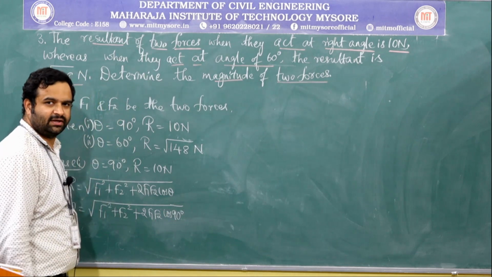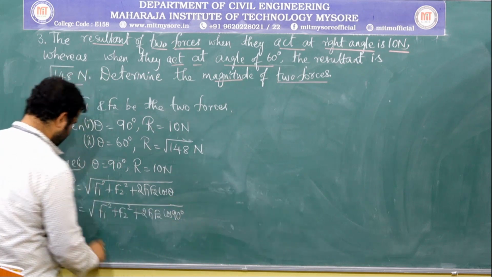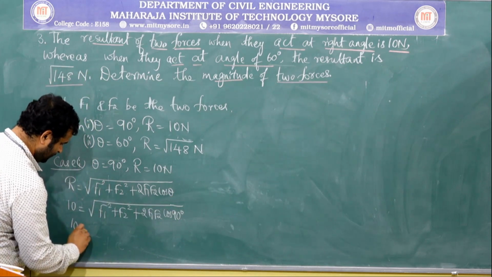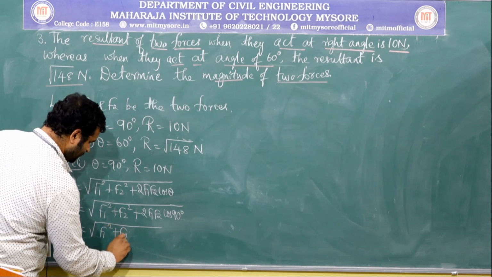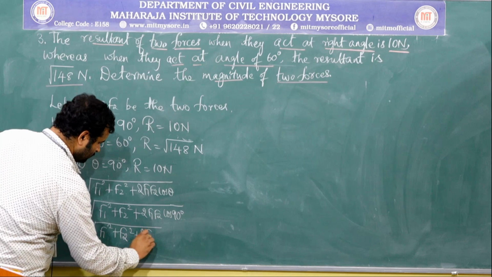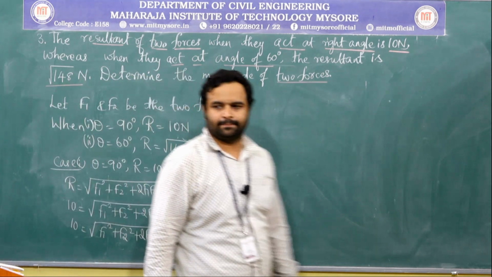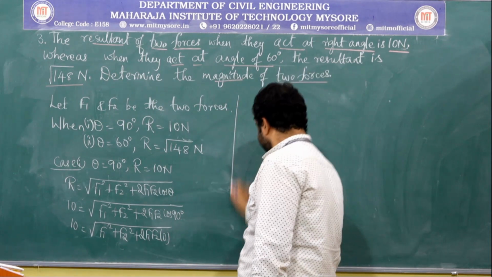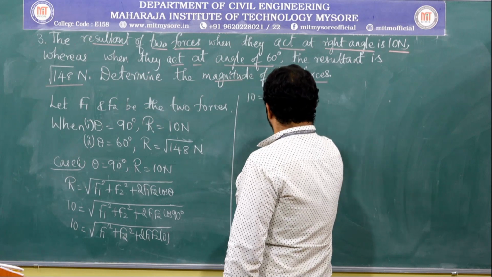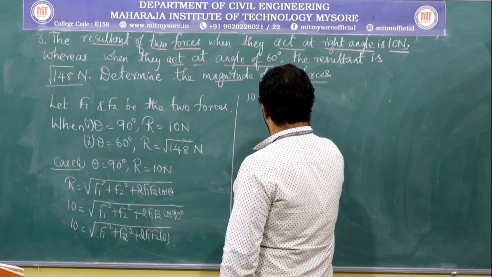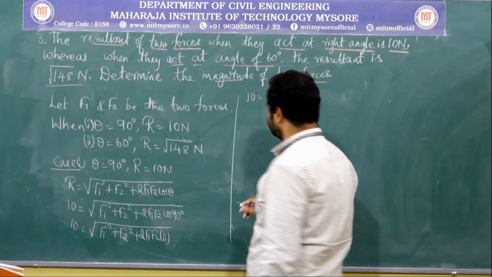So, what is the value of cos 90? It is 0. So, the whole term will become 0, that is 10 is equal to square root of F1 square plus F2 square plus 2F1 F2 into 0. Okay. So, that is 10 is equal to square root of F1 square plus F2 square, or squaring on both sides.